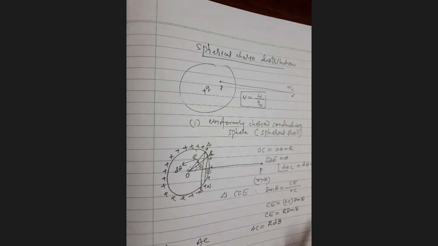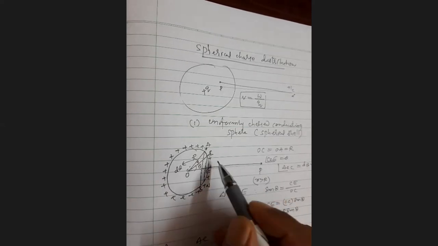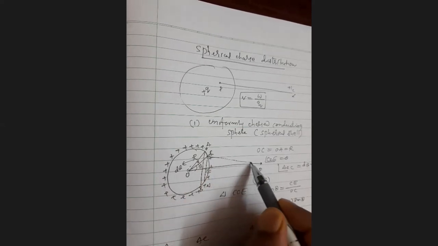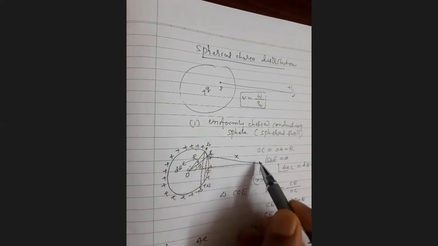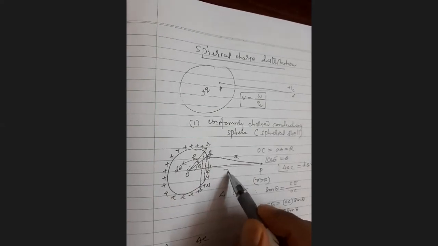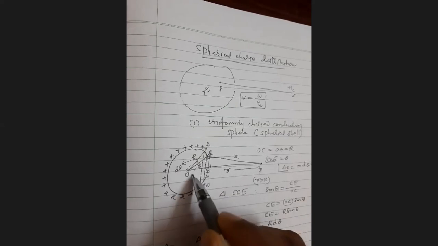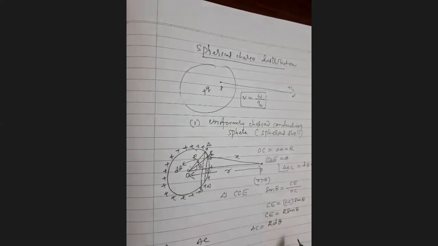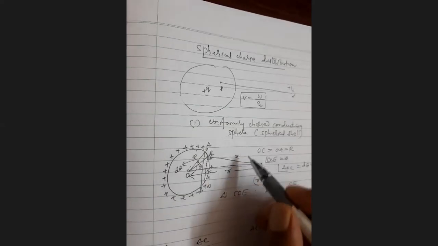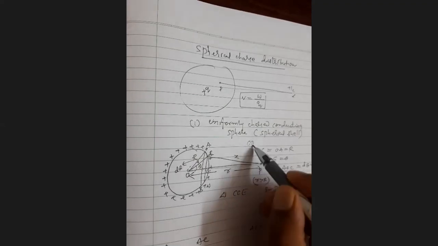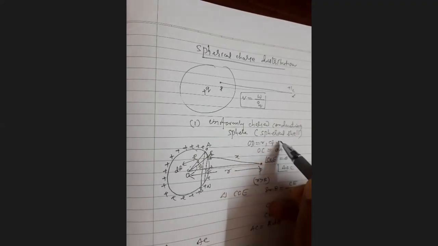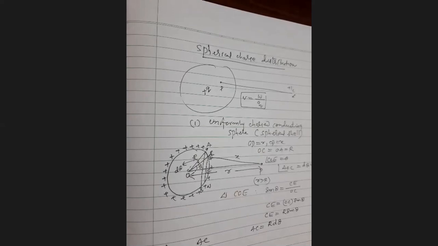Okay. And also, in the figure, x is the distance from point C to P. The distance of the point P from the center of the sphere is r. So here OP is equal to r and CP is equal to x.